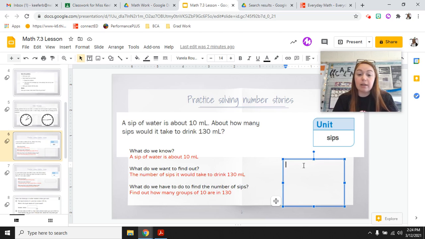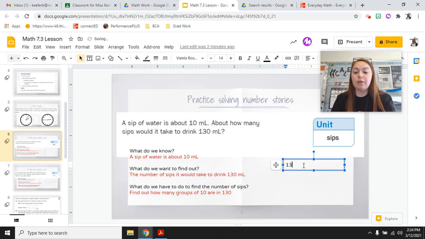So you could count by tens. You could start at 10 and count until you get up to 130. If I did that like a repeated addition problem, I would count by 10 13 times. If I count by 10 13 times, I'm going to get to 130.